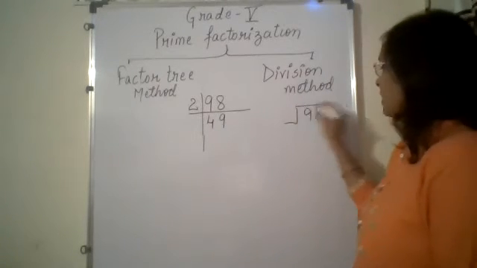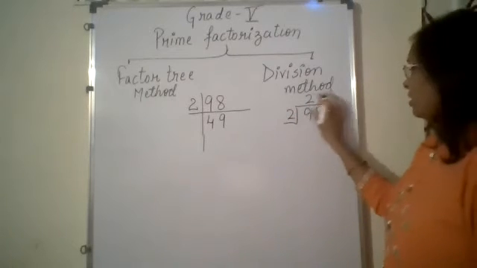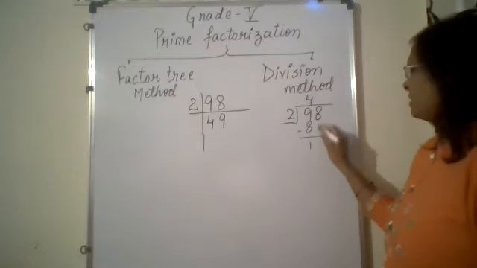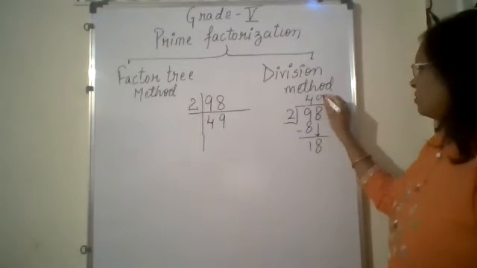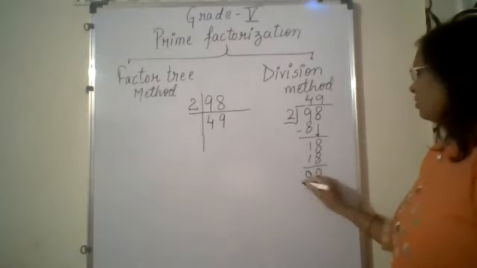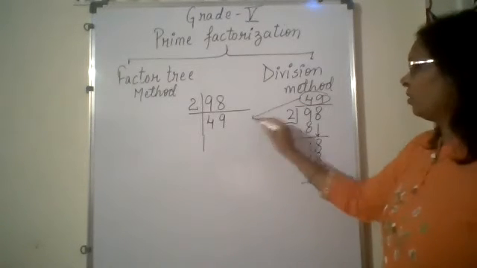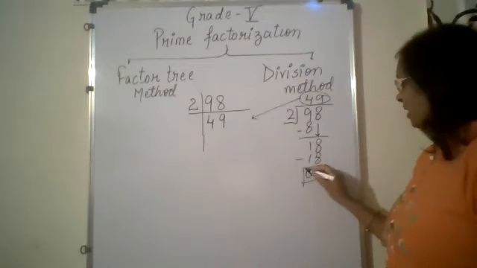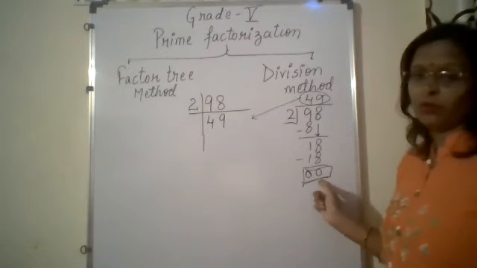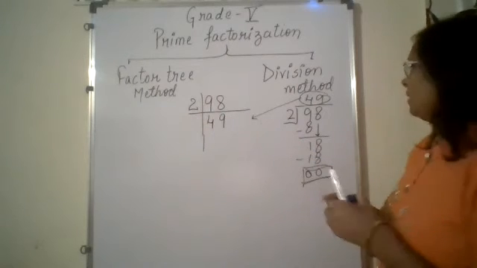I am dividing by 2: 2 fours are 8, minus 1, bring down 8, 2 nines are 18, remainder 0. The quotient goes here and the remainder should always be 0. If the remainder is not 0, that means the number is not divisible.